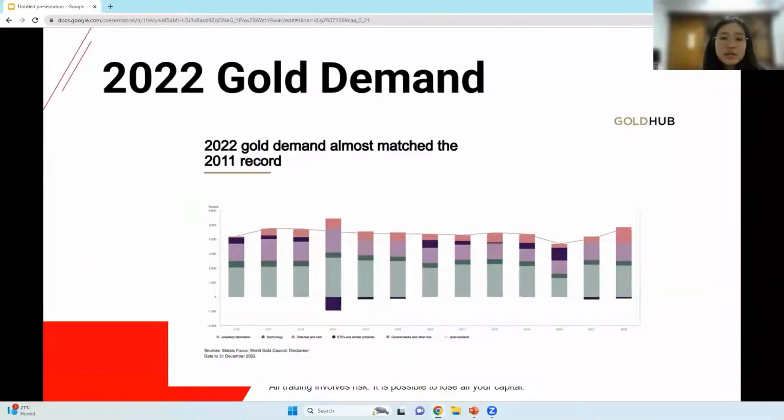So colossal central bank purchases, aided by vigorous retail investor buying as well as slower ETF outflows, lifted annual demand to an 11-year high in 2022. It actually saw total annual gold supply increase by 2% last year.